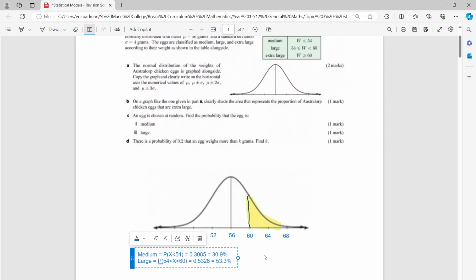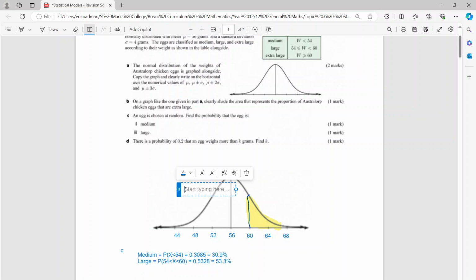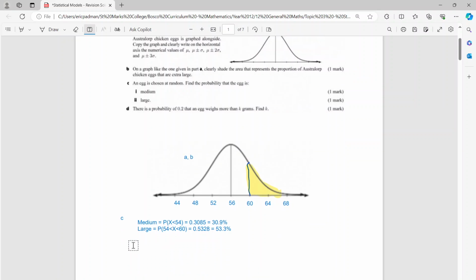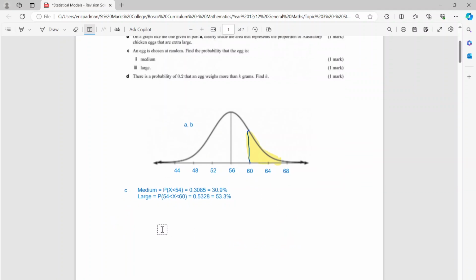So that was part C. This was A and B. Right, D. There's a probability of 2% the egg weighs more than K grams.